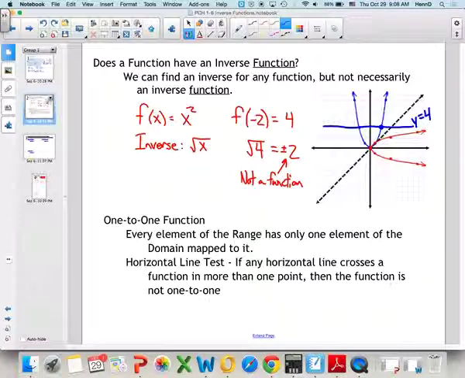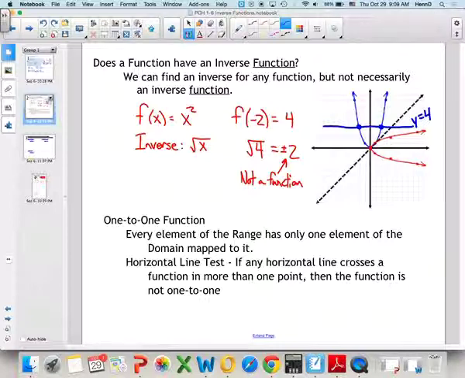But there are two different values of x that get mapped to 4. Positive 2 gets mapped to 4 by f, and negative 2 gets mapped to 4 by f. So since there are two different x values that both equal 4, this function would not be one-to-one.